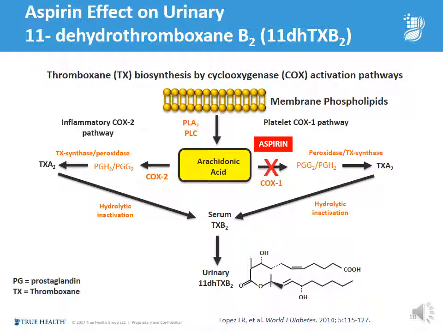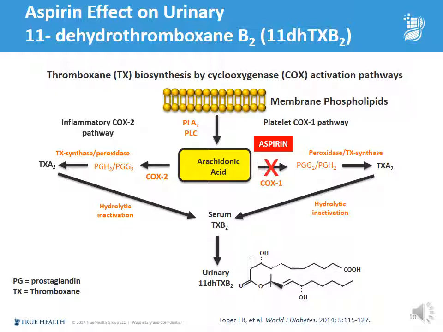Aspirin virtually always takes out the COX-1 pathway at low dose, but it may do nothing to the COX-2 pathway. So the test remains abnormal, but that does not mean that aspirin is not working. Aspirin has indeed taken out the COX-1 pathway, which is desirable, but there are other issues at play.